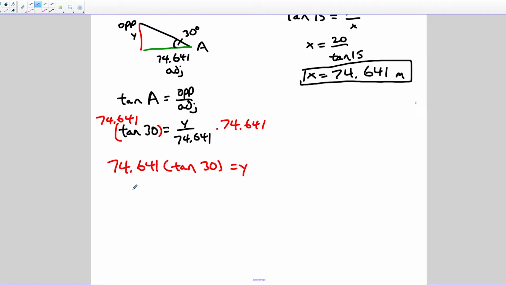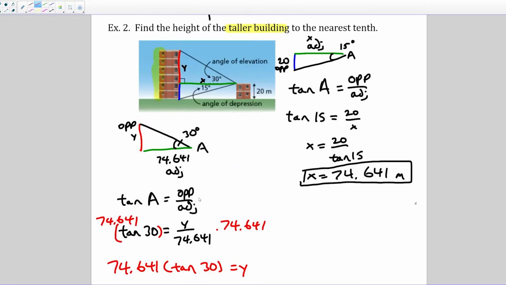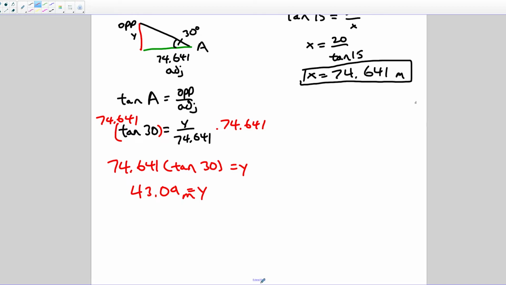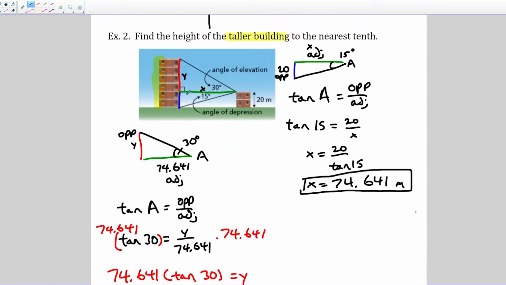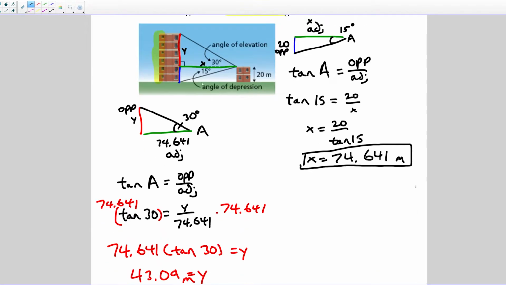And we end up with 43.09 is y. And are we rounding to anything? Nearest tenth. So to the nearest tenth, we end up getting y is equal to 43.1 meters. So if we take a look at our taller building, we know that the taller building is going to be the blue line plus the red line. We know blue is 20, so we're going to add y.